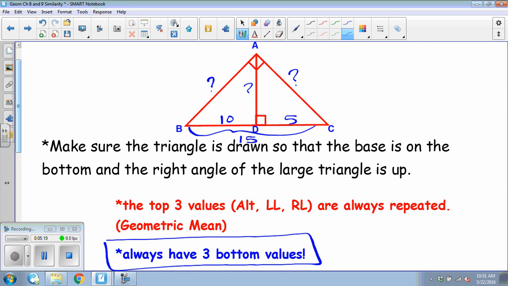You did 15 minus 10. If this is 10 and the whole thing is 12, what's this? 2. You did 12 minus 10. Well, now I'm telling you that that's 10 and the whole thing is x. So what's this? x minus 10.